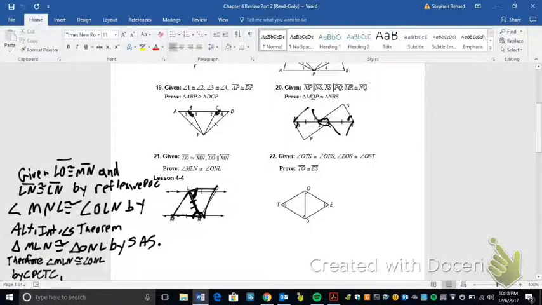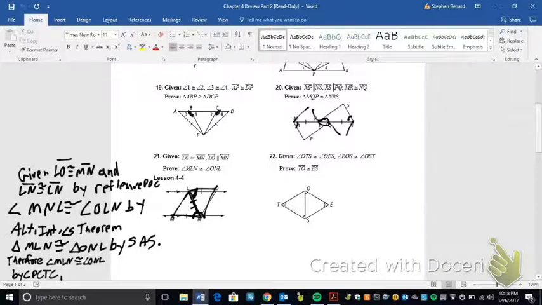21. So again, we're given LO is congruent to MN, and LO is parallel to MN. Because they're parallel, we know that OLN is congruent to MNL. That's the alternate interior angles theorem. We know that then the triangles are congruent because LN is congruent to LN by the reflexive property of congruence.